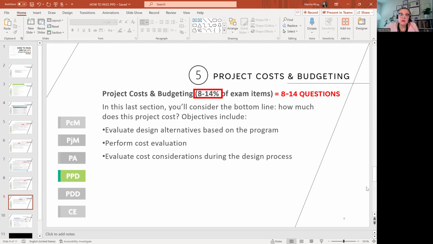You'll also perform cost evaluation in this section. Again, you'll get back to your cost evaluation after every phase, and you'll see, okay, this is the estimate. When you get to your CD phase, that's kind of too late in the game to make changes.